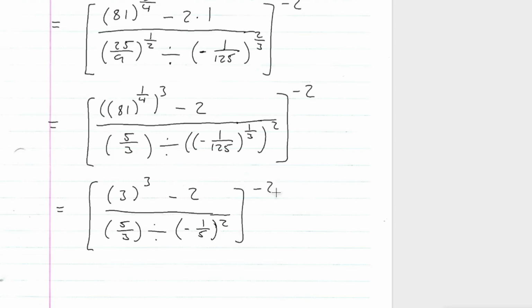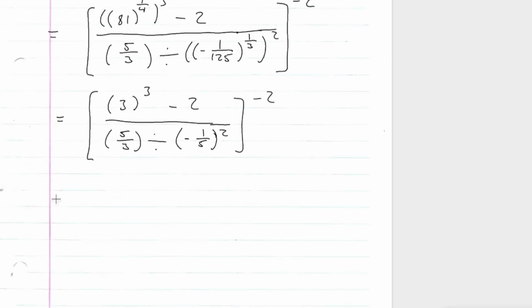Negative 2. And now what we can do is 3 cubed is just 27 minus 2 over, this will be 5 over 3 divided by, so 1/5 squared, negative 1 over 5 times negative 1 over 5 is positive 1 over 25.